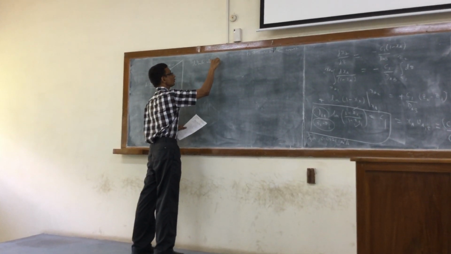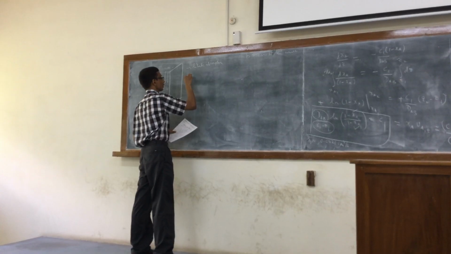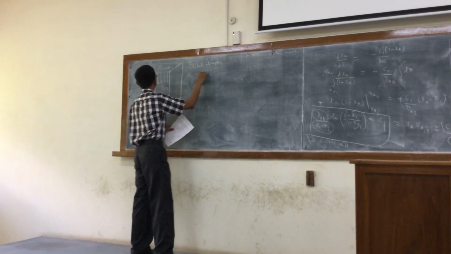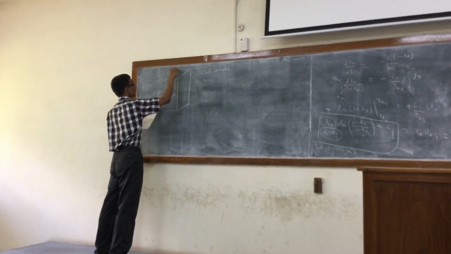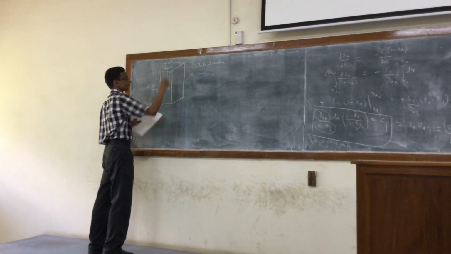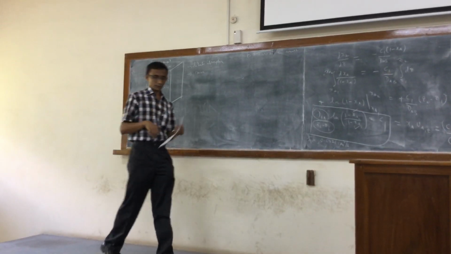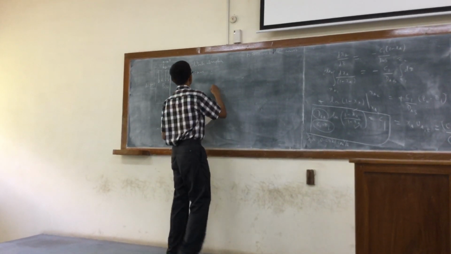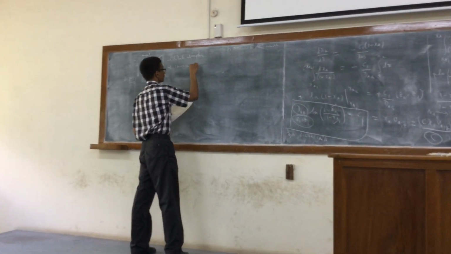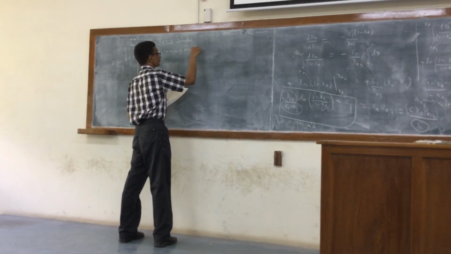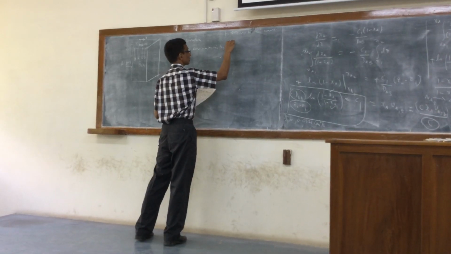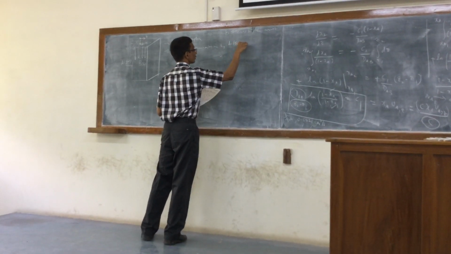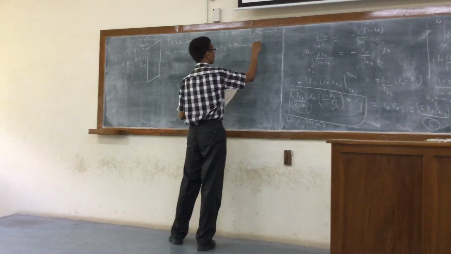And then we also assume, as a good approximation, that this is the origin, so this is X and this is Z. Z is the vertical downward direction. Convection dominates in the Z direction and diffusion in the X direction.